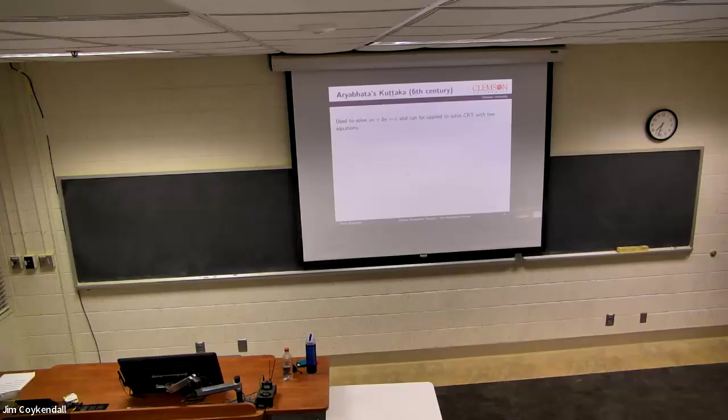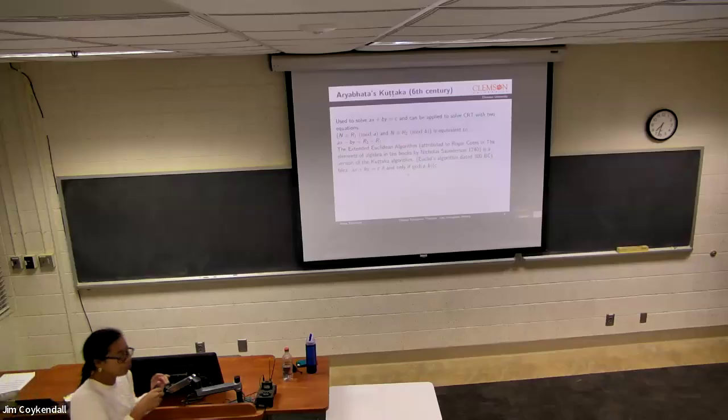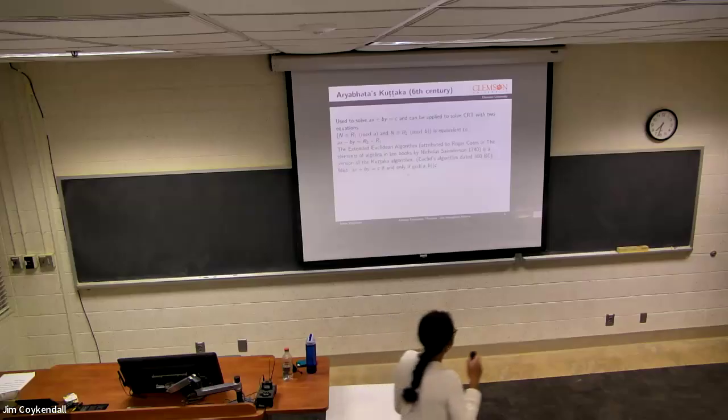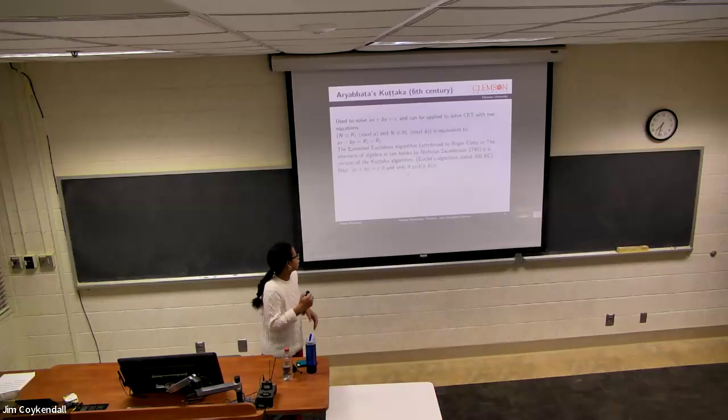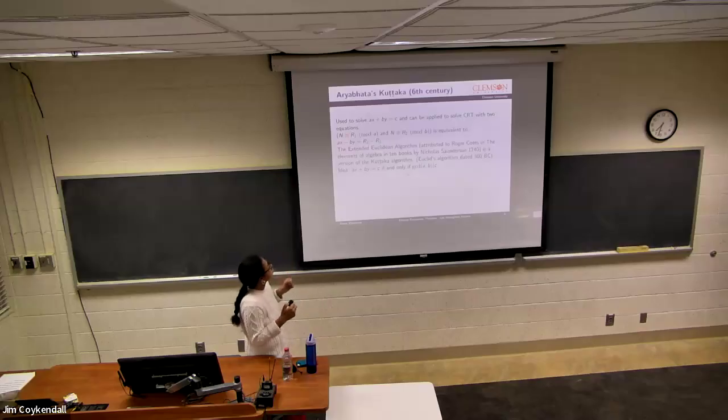And you can use it to solve the Chinese remainder theorem. So basically, when you have n with a remainder of R1 modulo A and a remainder of R2 modulo B, this is equivalent to saying that AX minus BY is R1 minus R2.